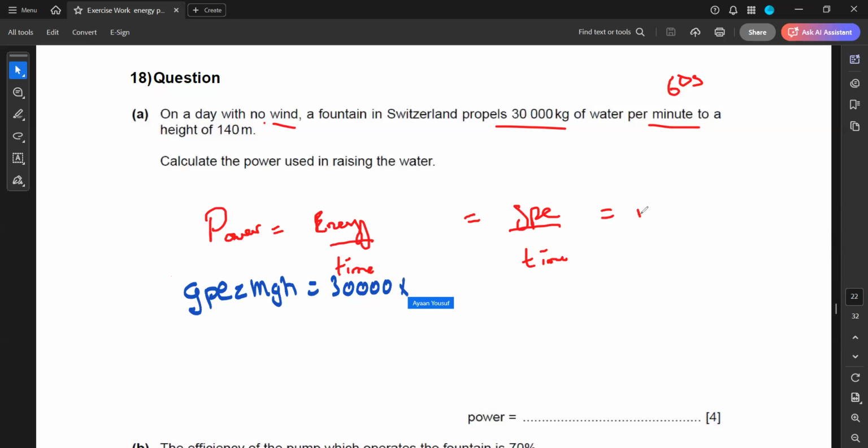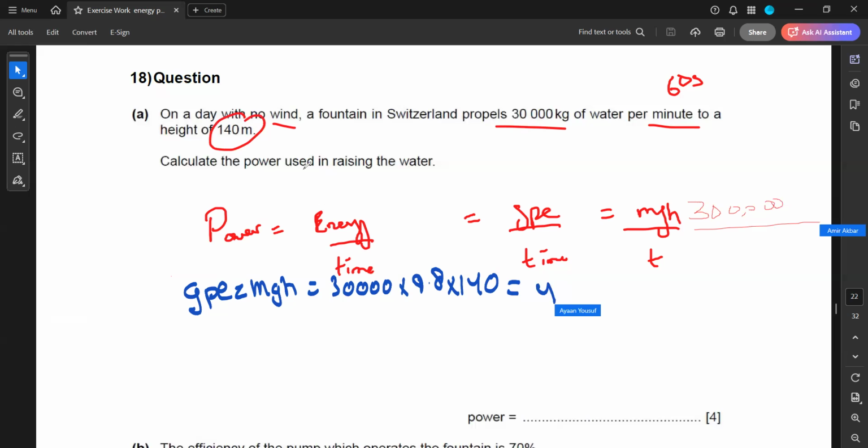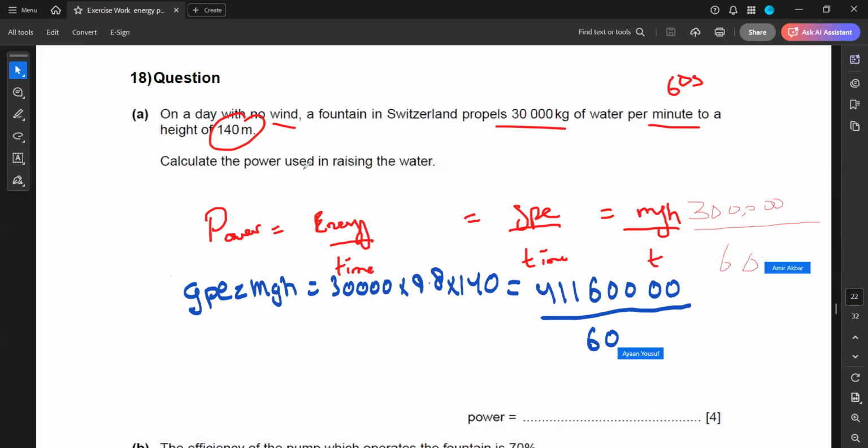The gravitational potential energy is mgh divided by t. So 30,000 times 9.8 times the height, which is 140, and divided by time. Remember one thing, in any kind of question, the time should always be in seconds. So 30,000 into 9.8 into 140 divided by 60.